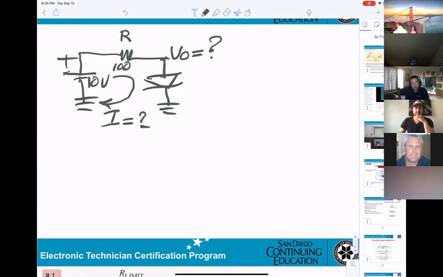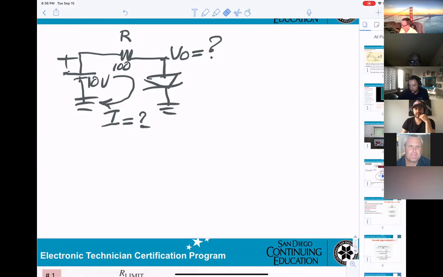Okay? For this circuitry here, you get 10 volt, 100 ohm, and a diode. And the question is they want to know what V out. Who can get through that?